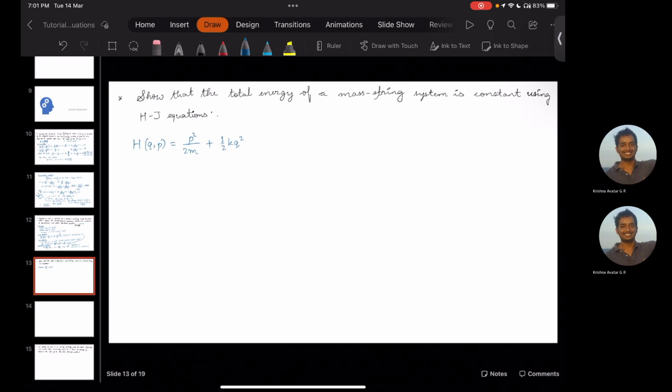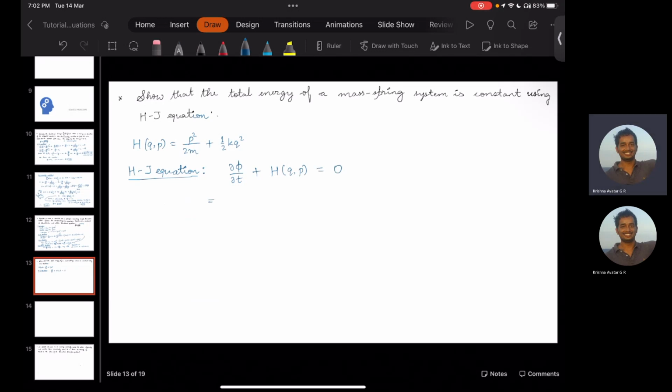So now let's bring in our HJ equation. It is given as partial phi with respect to t plus h, which I'll write in terms of h(q, p), is equal to 0.